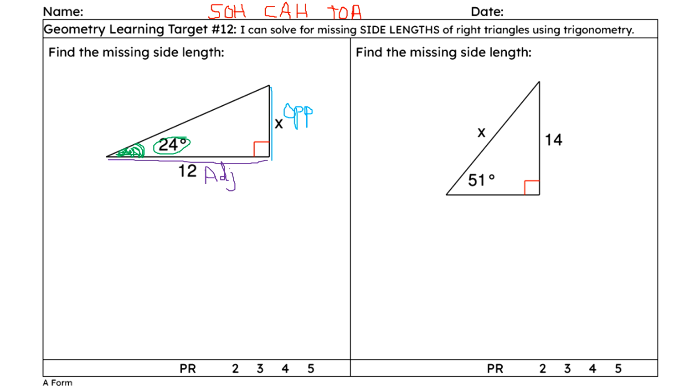So I need to figure out firstly if I'm looking for the sine, cosine, or the tangent ratio. Which one of those uses opposite and adjacent? Because those are the 2 that I have in question. Opposite and adjacent. O and A, O and A. That's got to be this one here. TOA stands for tangent. Tangent is opposite over adjacent.